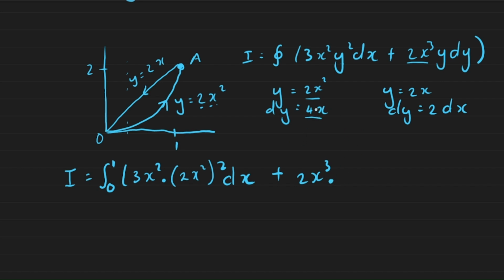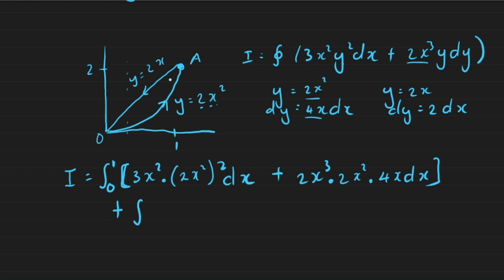So we have to multiply it by 2x squared and 4x dx. And let's not forget that we have to add this to this now.